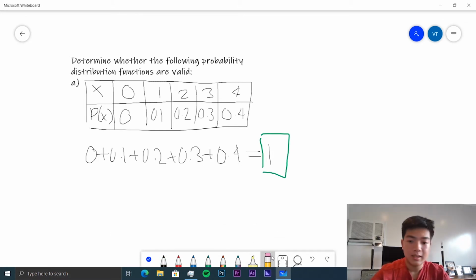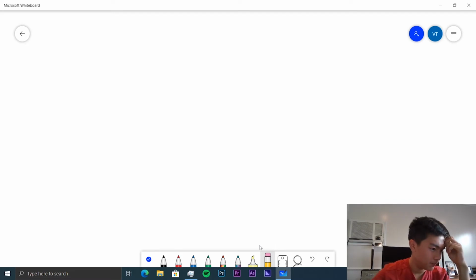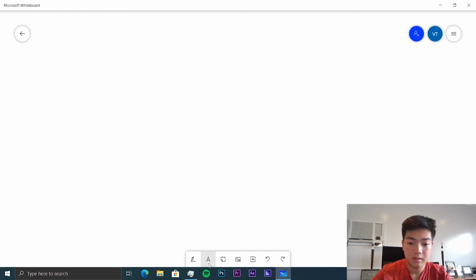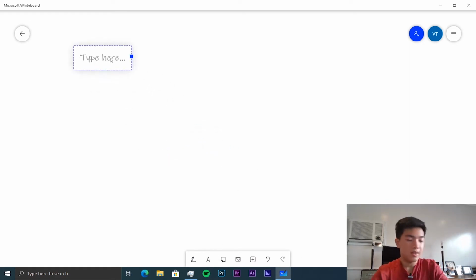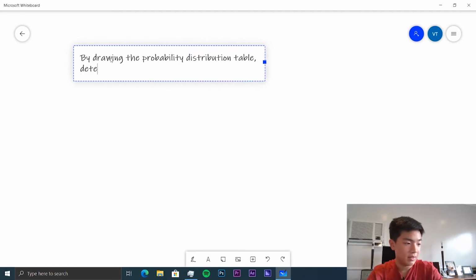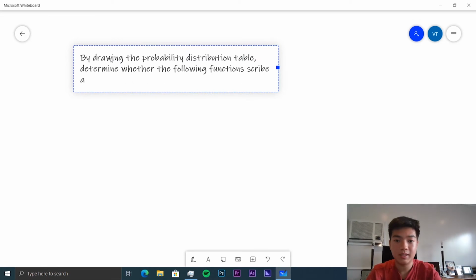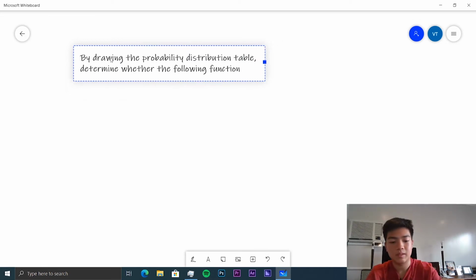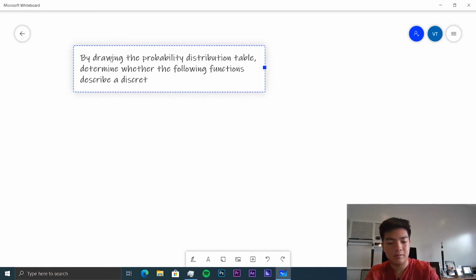Okay, next, by drawing the probability distribution table, determine whether the following functions describe a discrete random variable.